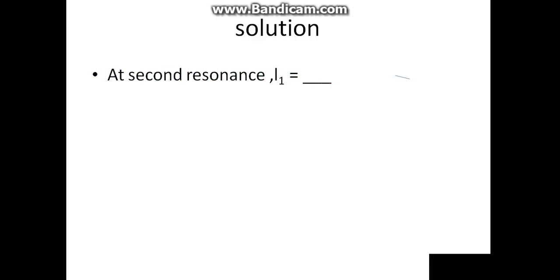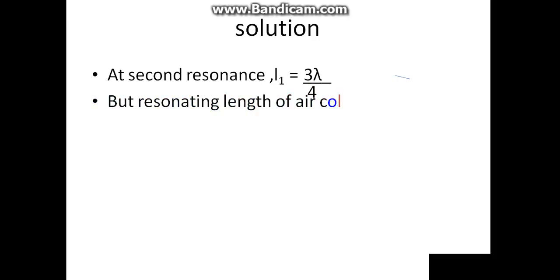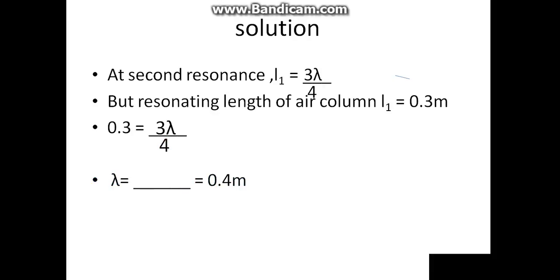At second resonance, L1 is equal to 3 over 4 lambda, but the resonating length of the air column L1 is equal to 0.3 meters. 0.3 is equal to 3 over 4 lambda. Lambda is equal to 0.3 times 4 all over 3, which is equal to 0.4 meters.